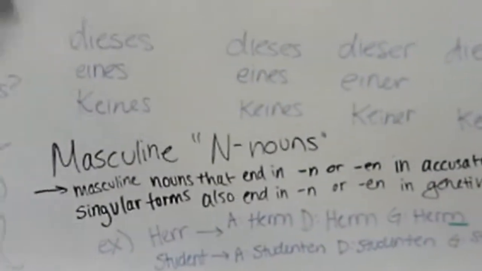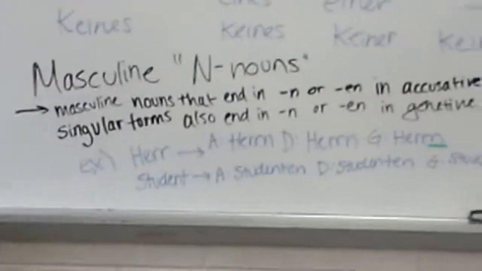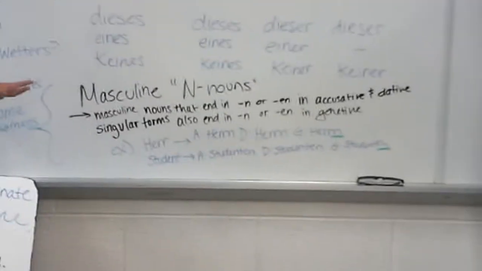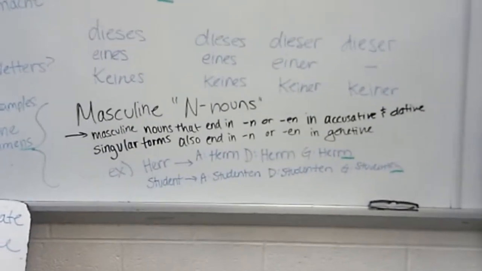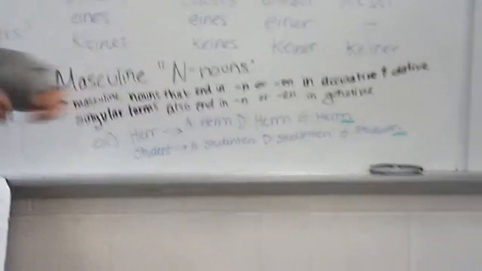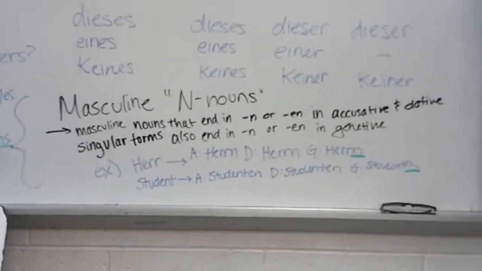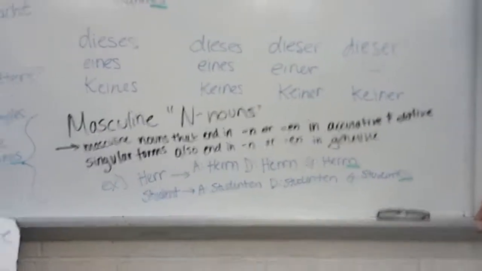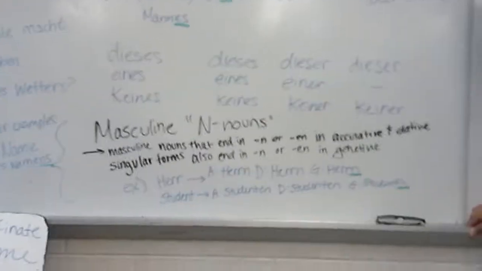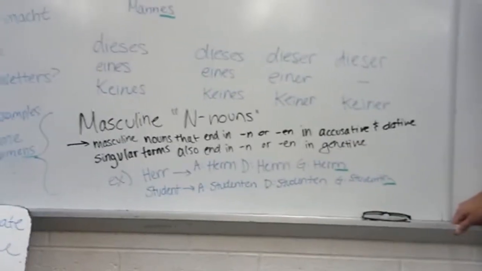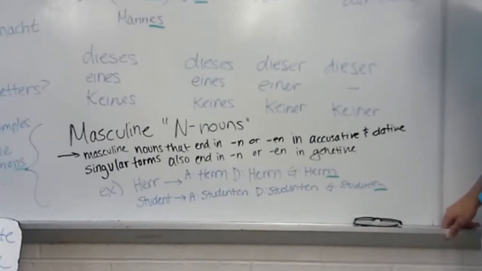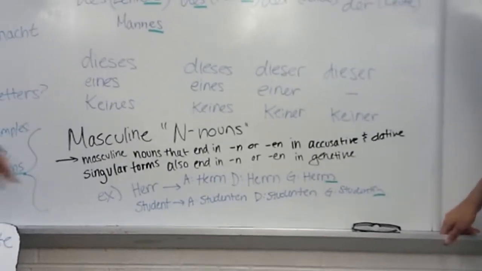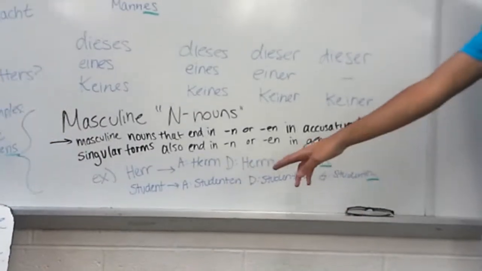We also have masculine n-nouns, which are very specific and change if they end in an n or en in the accusative and dative singular forms. If they change with n and en at the end of the word, they're also going to make that change in the genitive. We have two examples, Herr and Student.